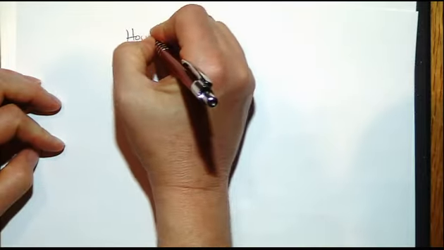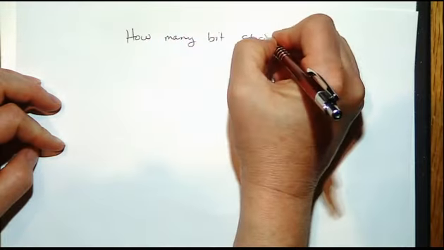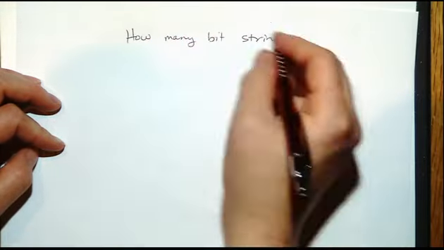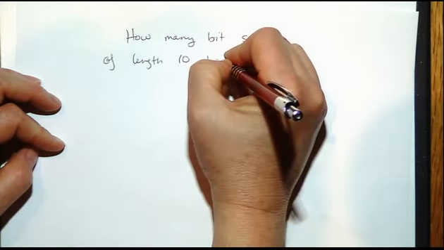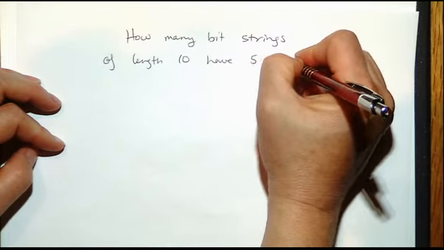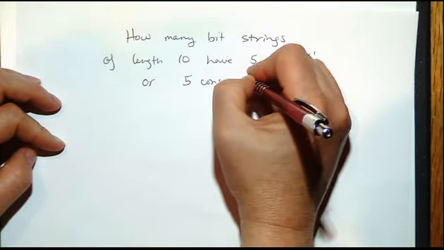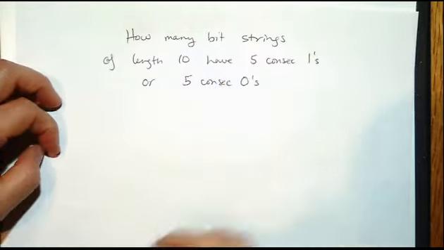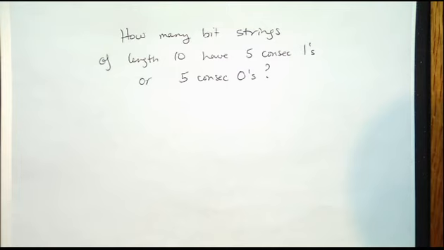Let's do one more problem. Actually, I'm going to try to quickly do two. Okay, how many bit strings of length 10 have 5 consecutive 1s or 5 consecutive 0s?